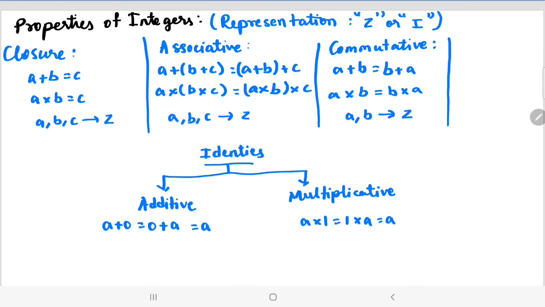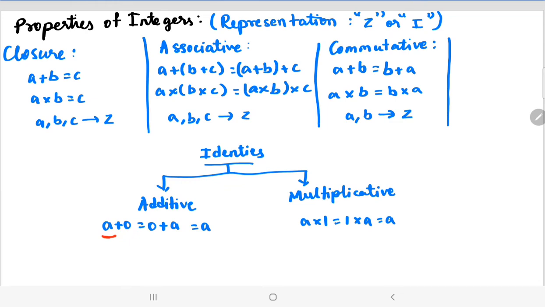If you just see, we have identities in integers. Under identities also we have two types. One is the additive identity. The second one is the multiplicative identity. So, if you just see, according to the additive identity, we have any integer plus 0 is equal to the same integer.